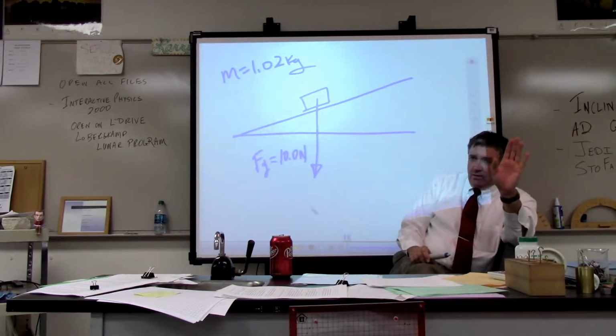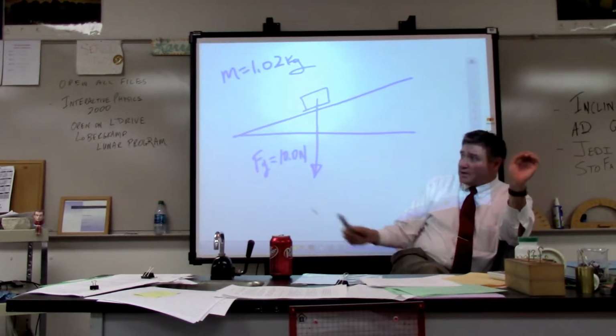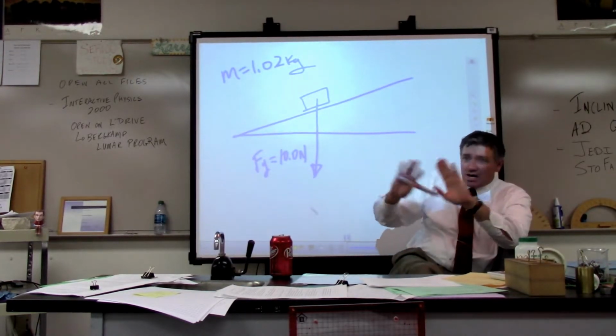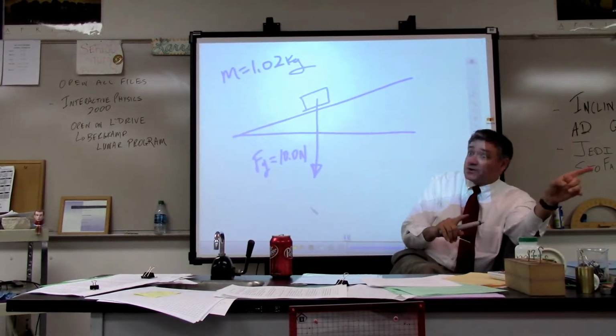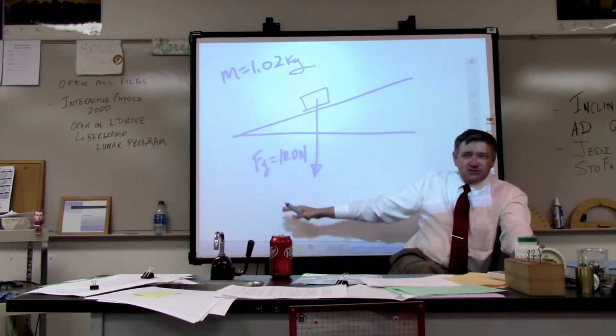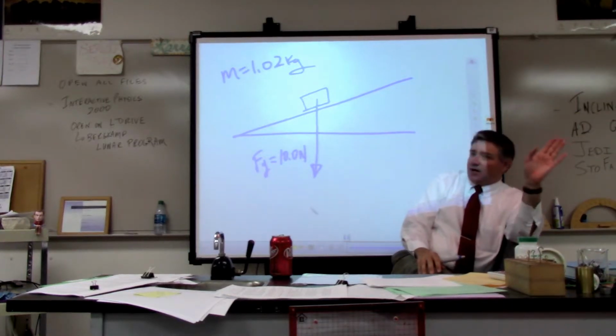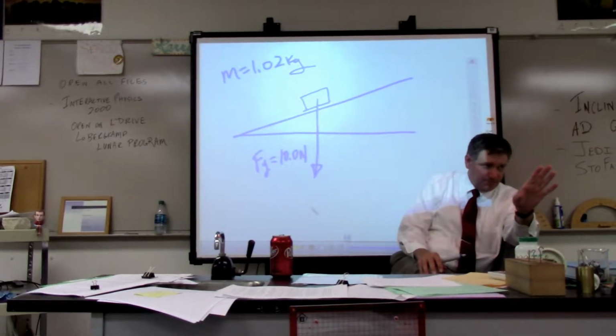Just get the number. We'll define the whole system later. We're going to use that to get a whole bunch of other numbers later on. So just take the mass times gravitational acceleration, just like you've done 100 times. Don't worry about making it negative, just get a number.